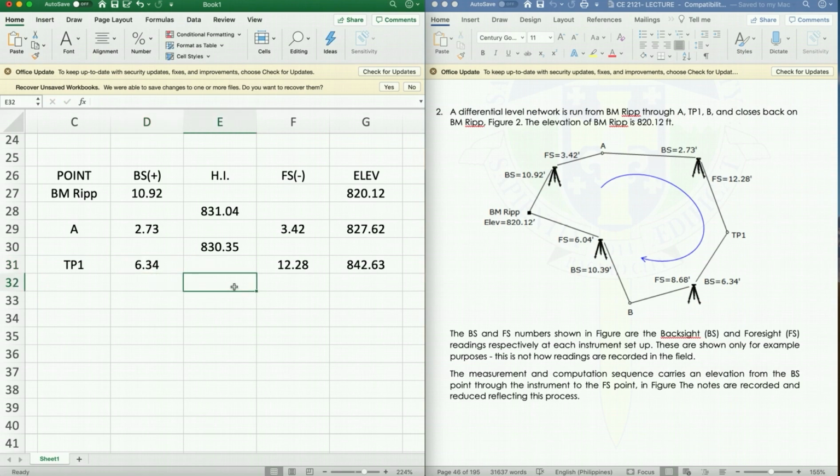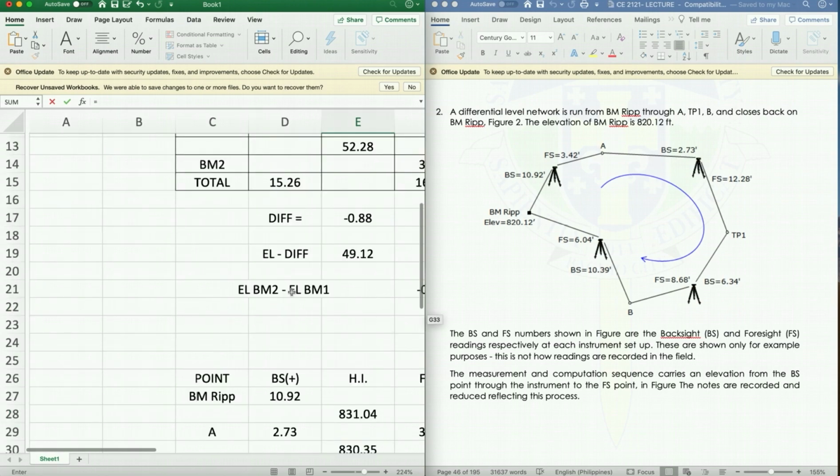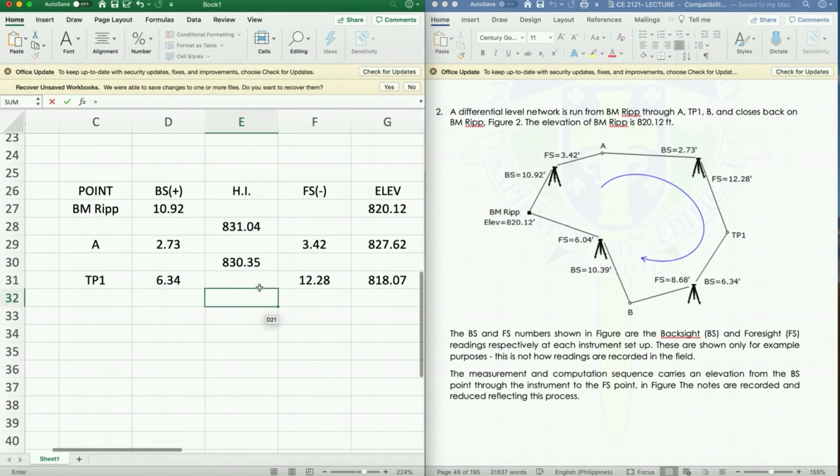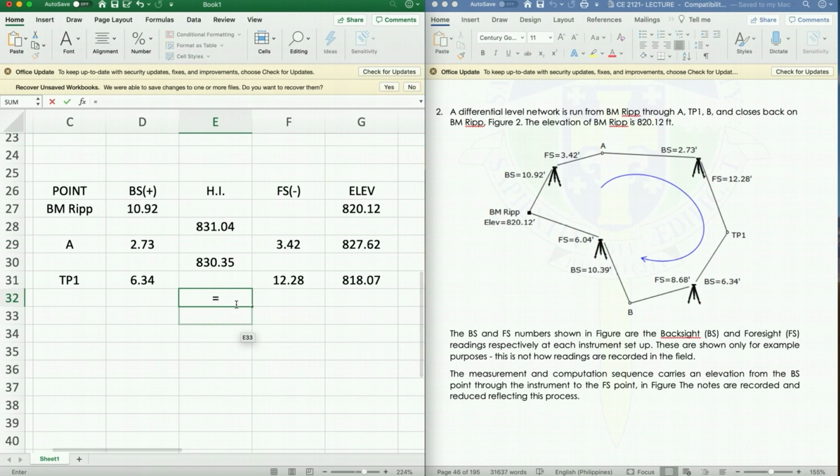Then we can now get the HI, the height of instrument for TP1, and that is equivalent to this plus this.